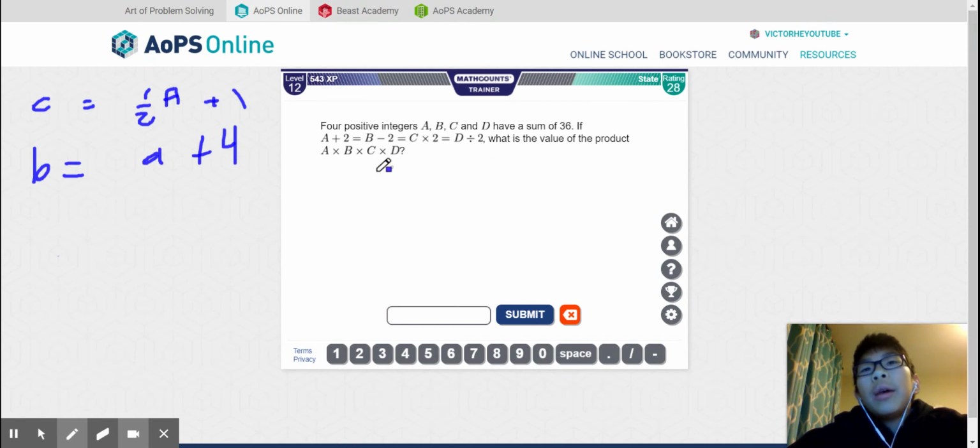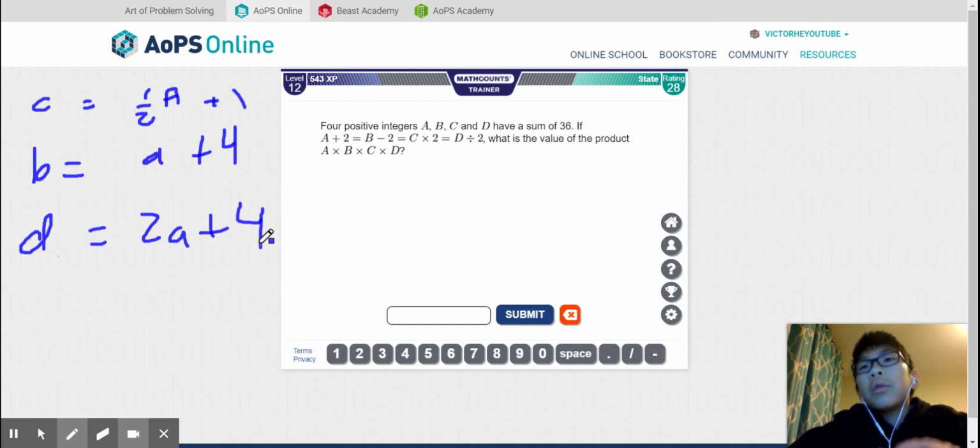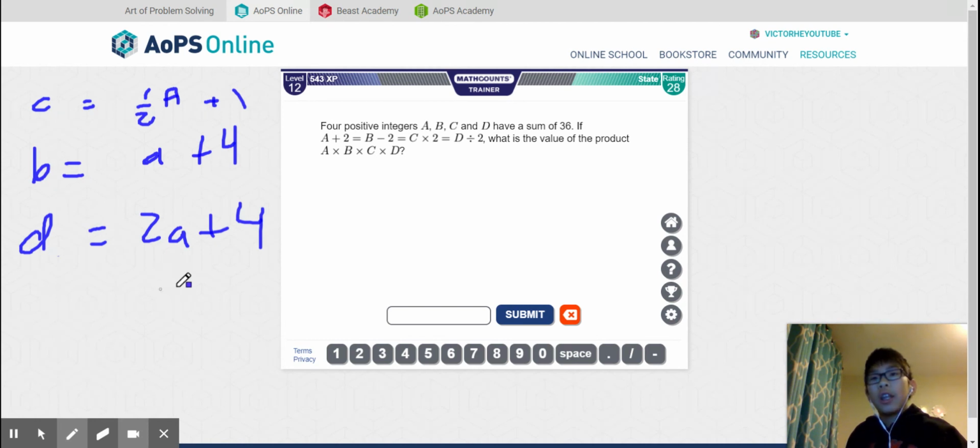And D divided by 2 is A plus 2, so D equals 2A plus 4. It's times 2. So what we can see from here is that, of course, there's A equals A, and then 1/2 A plus 1.